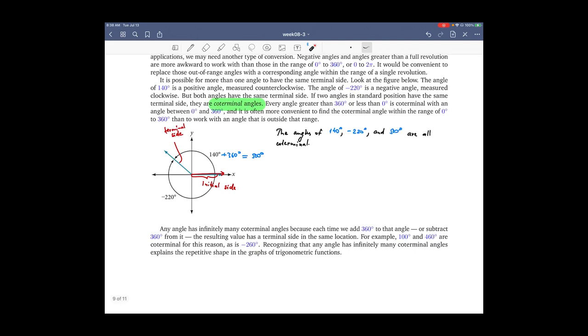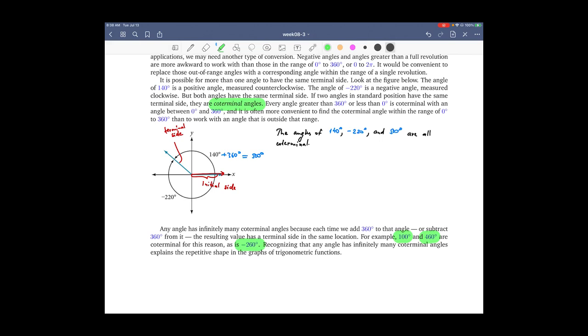For instance, an angle of 100 degrees and an angle of 460 degrees are coterminal. Both are coterminal with the angle of negative 260 degrees.